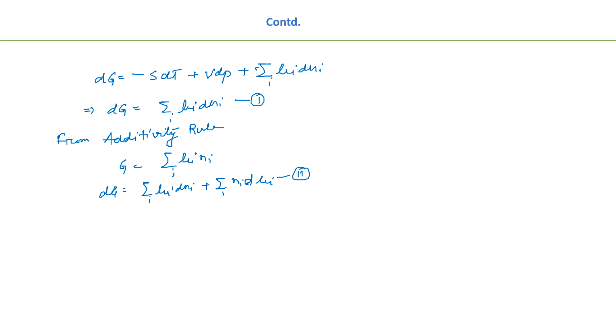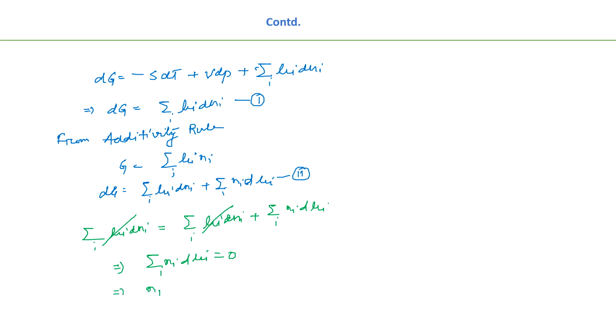Now from equations 1 and 2, we get sum of mu i d ni equals sum of mu i d ni plus sum of ni d mu i. These two cancel out. What we get is sum of ni d mu i equals 0.